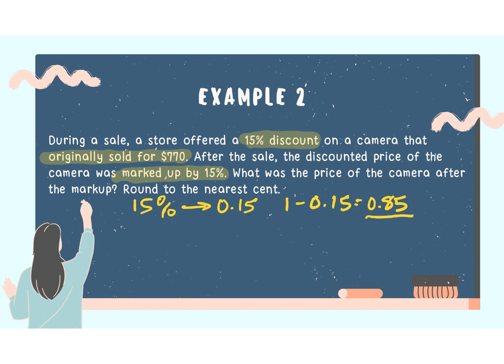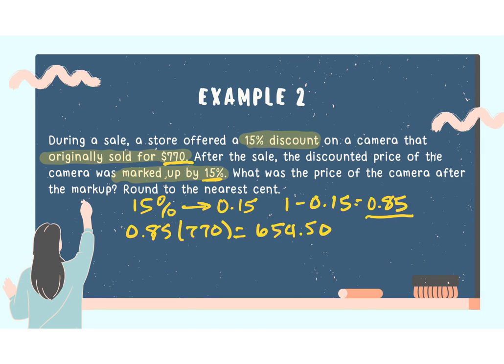Take that, multiply it by our 770. 0.85 times 770, which is a new total of $654.50. And now I do my markup.